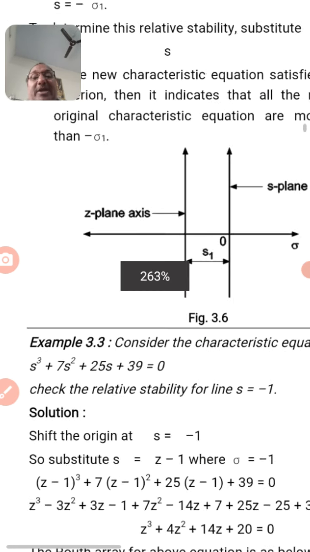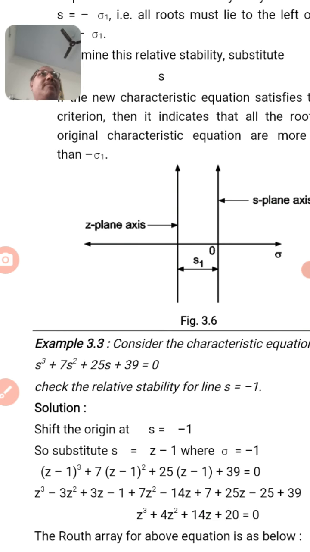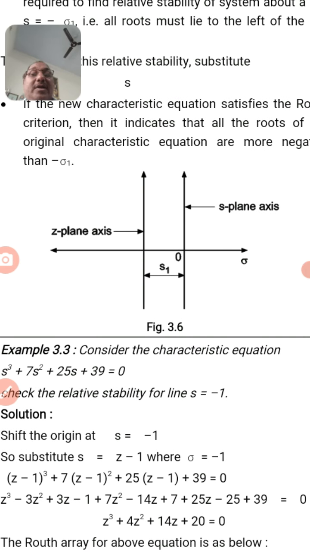This system is stable, but relatively how stable is it? Let us understand. Only the j omega axis of the S plane, as shown in figure 3.6, is located at the 0th position.